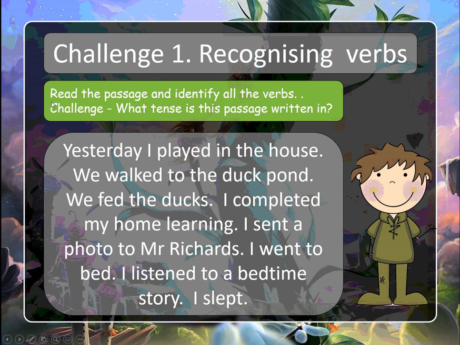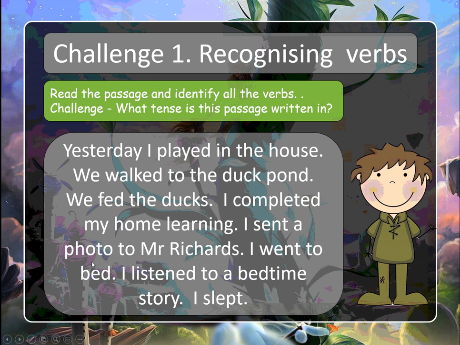So your first challenge is to identify all the verbs. And have a think about what this passage is written in. And in a minute, I'll go through and I'll highlight those verbs. But let's read this first together. Yesterday, I played in the house. We walked to the duck pond. We fed the ducks. I completed my home learning.